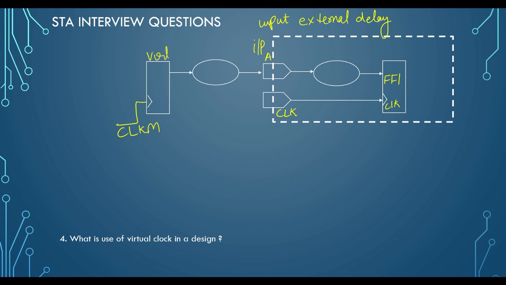There could be a virtual flip flop and virtual logic sitting outside, and it has a certain delay. For this timing arc there will be some delay delta t that we specify as input external delay, and that is why virtual clock is used. It is for calculation of the interface path, so that you get the accurate latency and accurate data path delay for the input external delay.